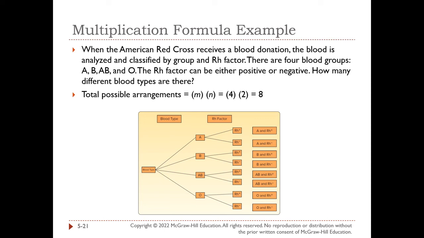That's all we're doing here. How many outcomes should we have, basically? So 4 for the blood groups times 2 of our other variable, times them together, shows us we can have 8. And it shows you the whole tree diagram right here.